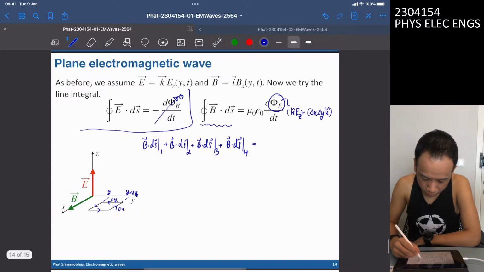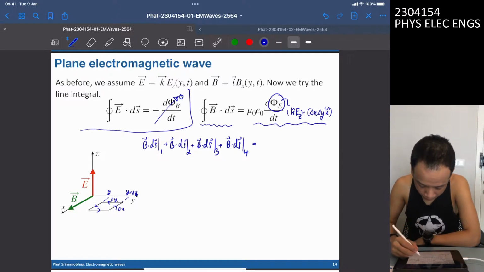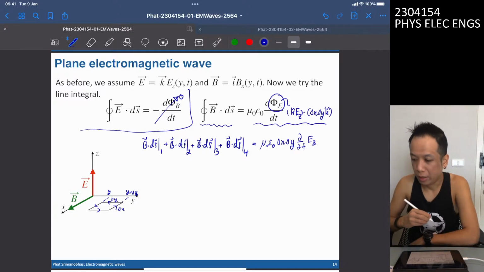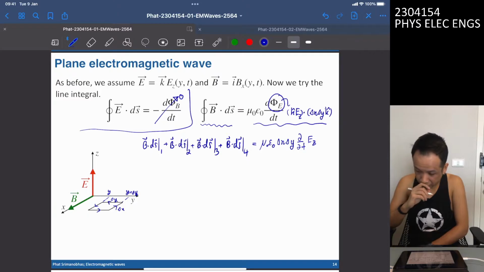Okay. So on the right-hand side, you're going to get mu 0 epsilon 0 delta x delta y d by dt of EC. Okay, so now you have everything.